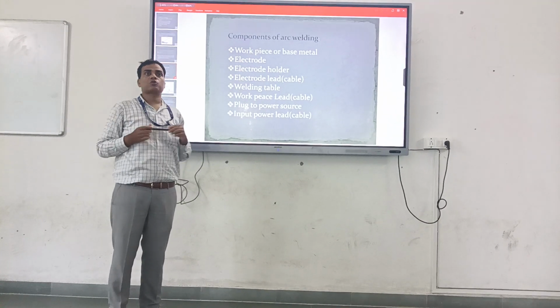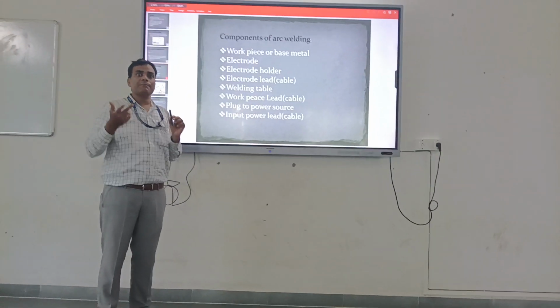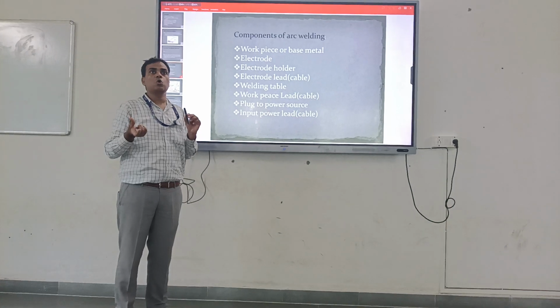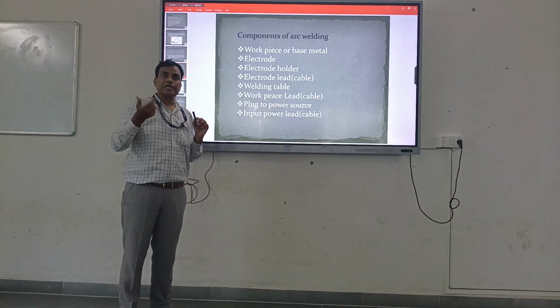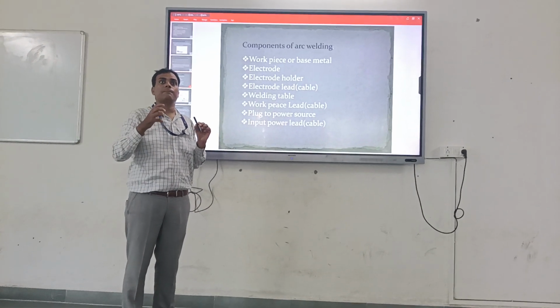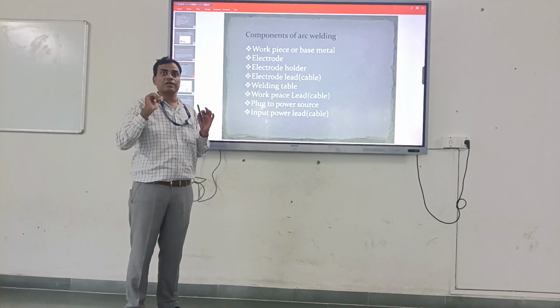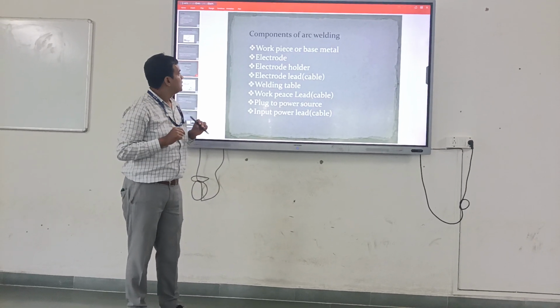Next, the electrode. The electrode also provides extra material, and is coated with flux material which protects the molten metal from environmental effects like oxidation.